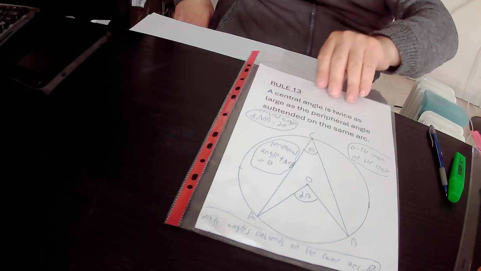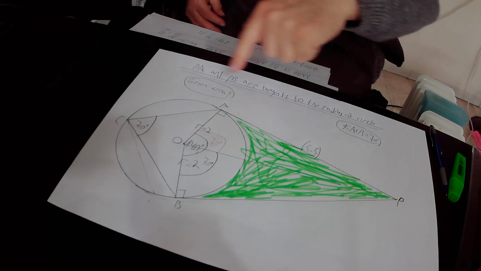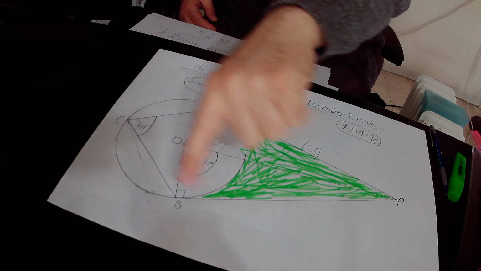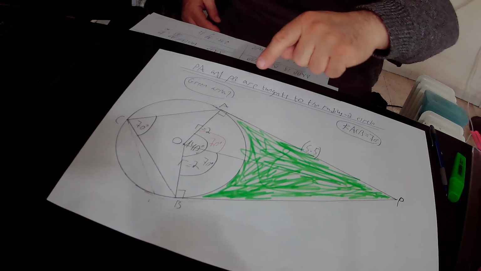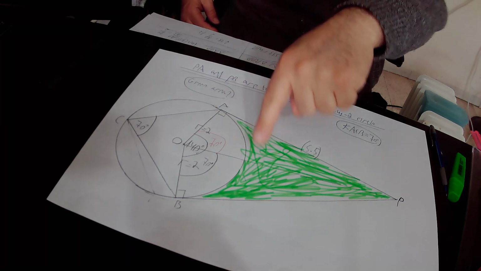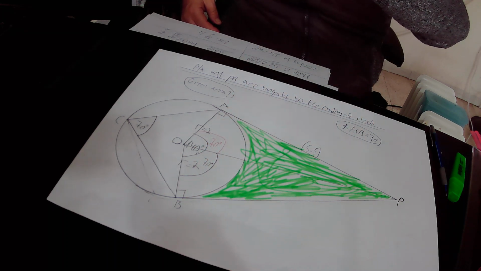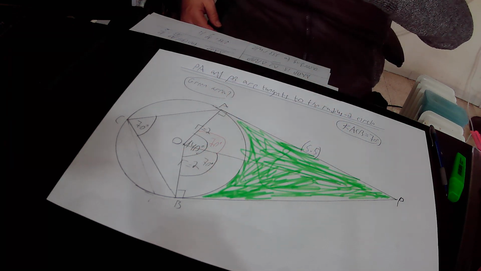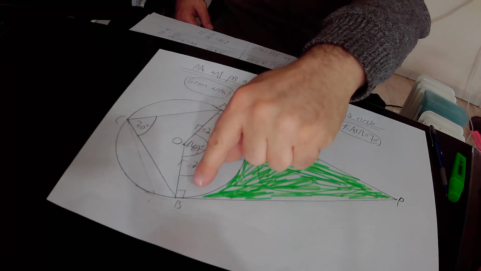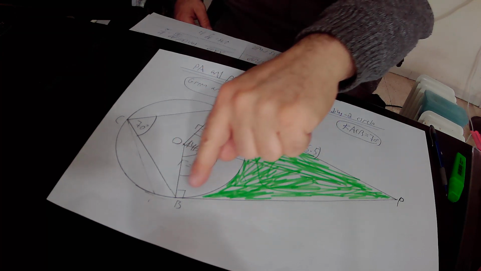Okay, we can actually implement rule 13 in our drawing. Why? Because in our drawing we have the peripheral angle ACB that is equal to 70 degrees in size, and it's subtended on this arc AKB. We also have in our original drawing the center angle AOB, which is also subtended on the same arc AKB.